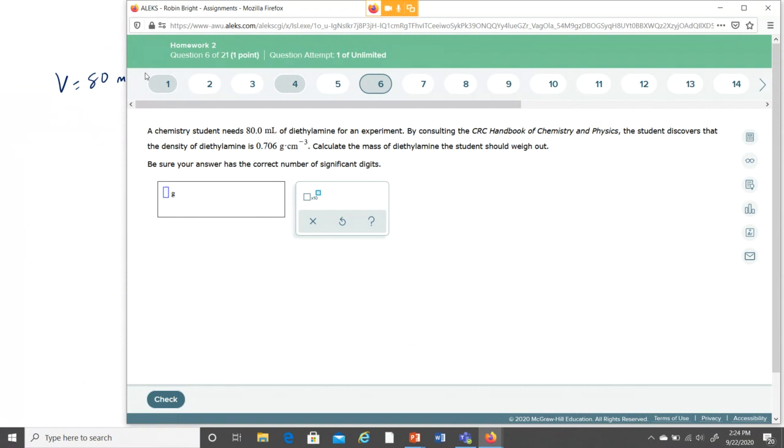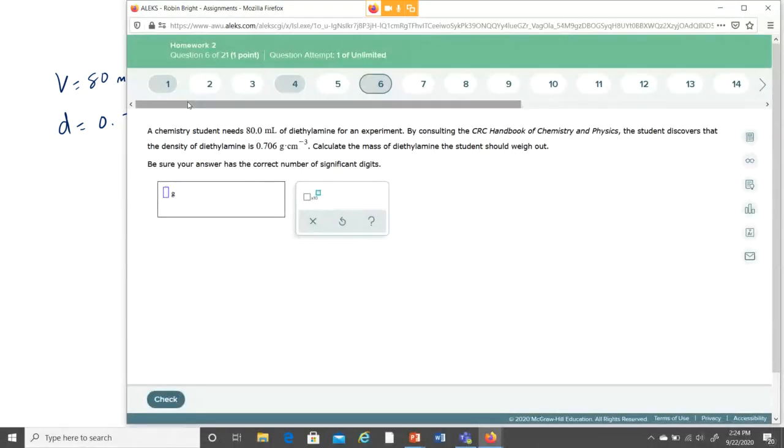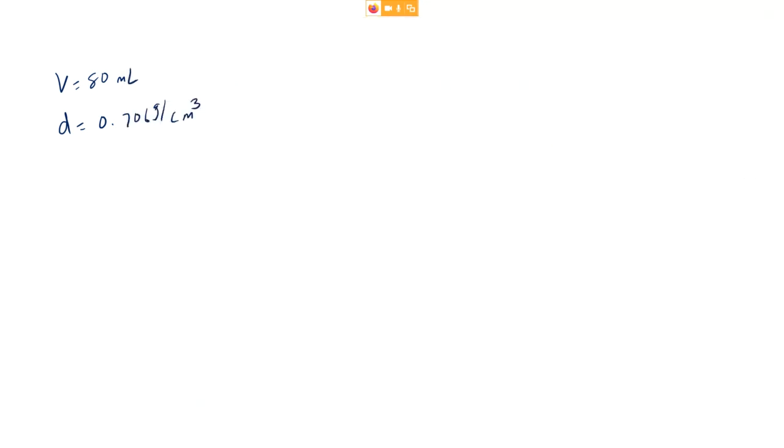They even tell you what that variable is. So I would write underneath that density was 0.706 grams per centimeters cubed. And then it says calculate the mass.